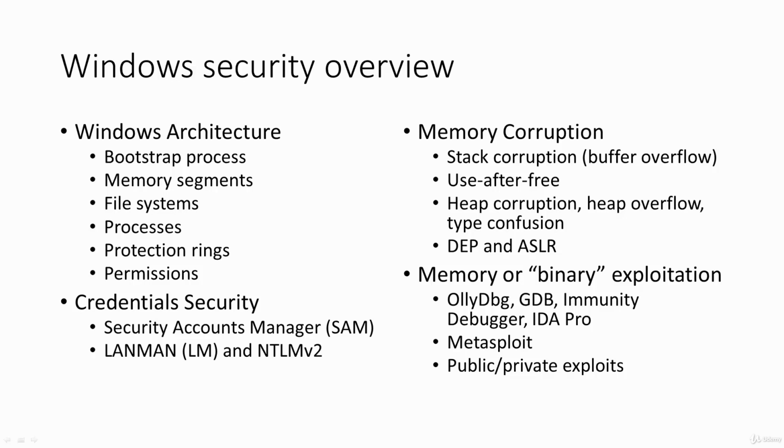Then ring 1 is wider, and it runs some high privileged device drivers, right? And then outer ring 2 runs some low privileged device drivers, and then the outmost ring 3 runs all user land, so-called user land utilities that are run by normal users.